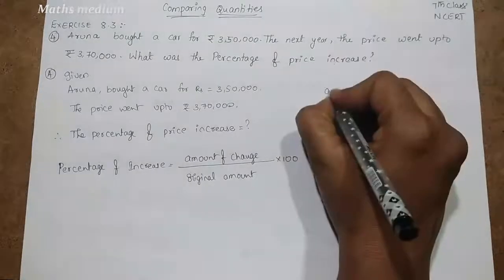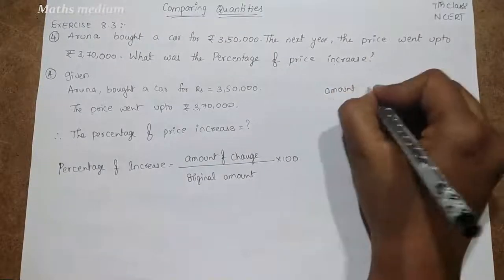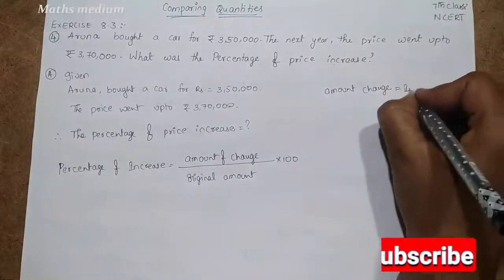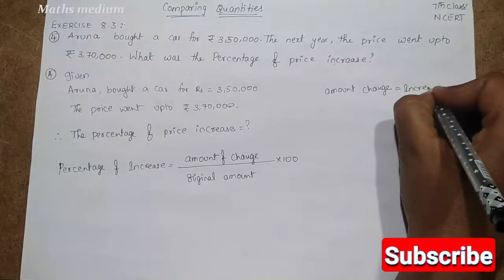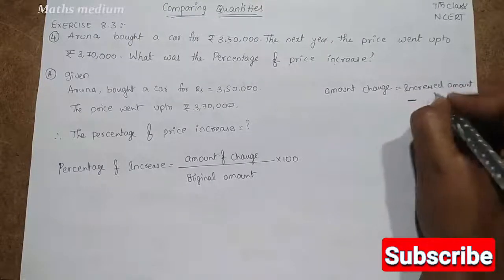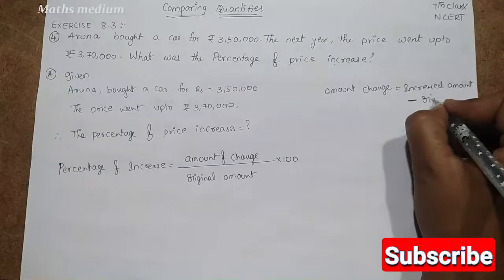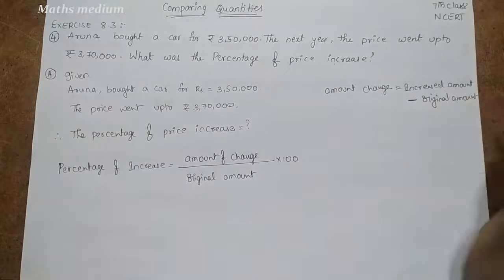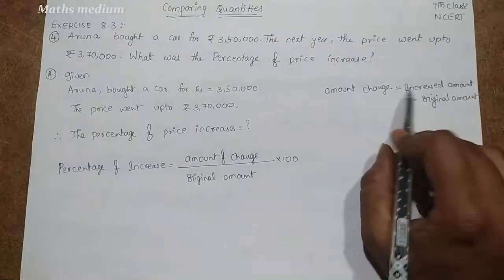Now amount of change we have to find here. So that is amount of change. It means increased amount minus original amount. If in case it is a decrease, original amount minus decreased amount.